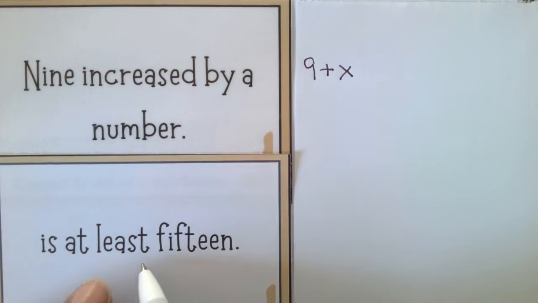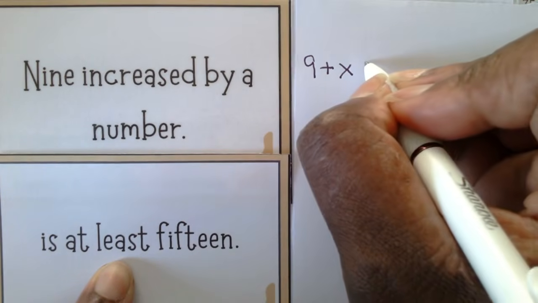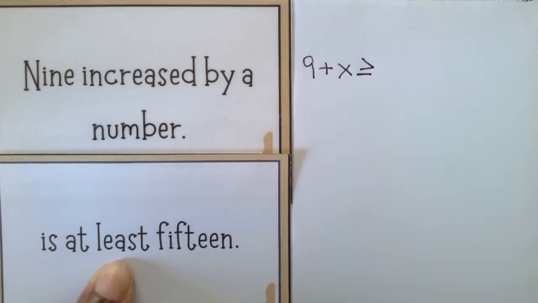Now, if I want to make at least $10 today, that means if I make anything less than 10, that's not acceptable. But if I want to make at least $10, I'm talking about $10 and up. So at least is going to be greater than or equal to.